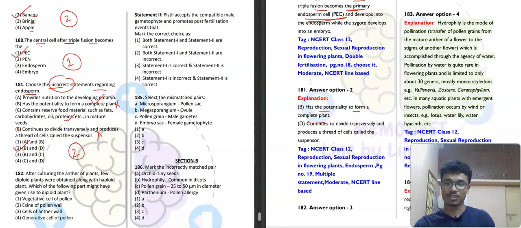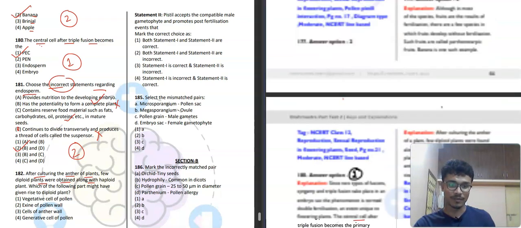Moving towards the next question, 182. It says that after culturing the anther of plants, a few diploid plants are obtained along with haploid plants. Which of the following parts might have given rise to a diploid plant? Vegetative cell of pollen, exine of pollen wall, cells of anther wall, or generative cell of pollen.